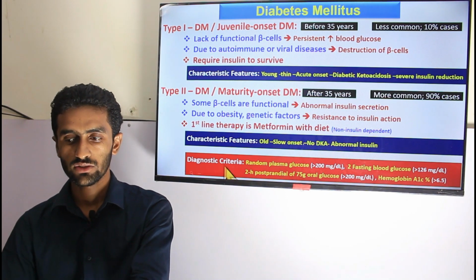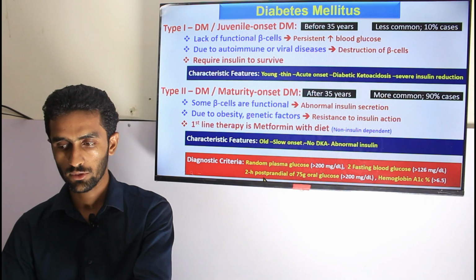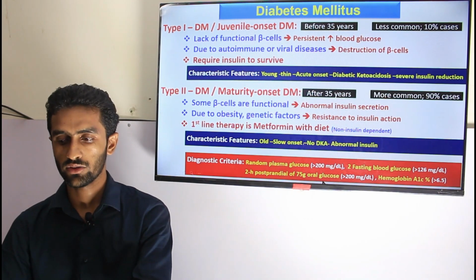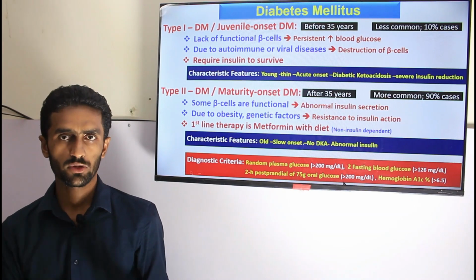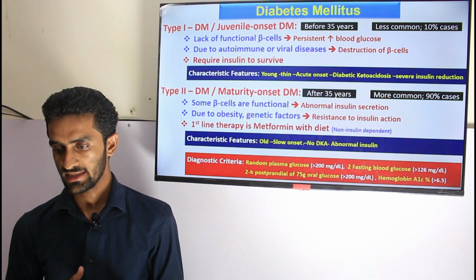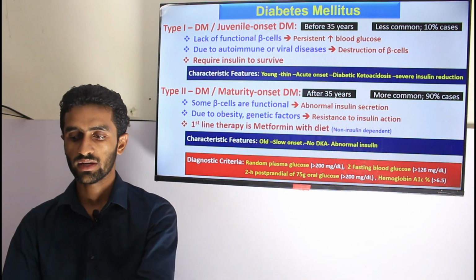And the other is you should check the postprandial glucose level, after giving 75 gram oral glucose, and postprandial means after the meal. Okay, it also crosses 200 mg per deciliter. So you can check after 2 hours if it crosses.